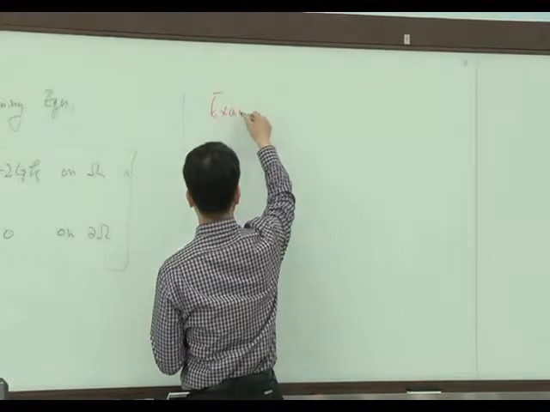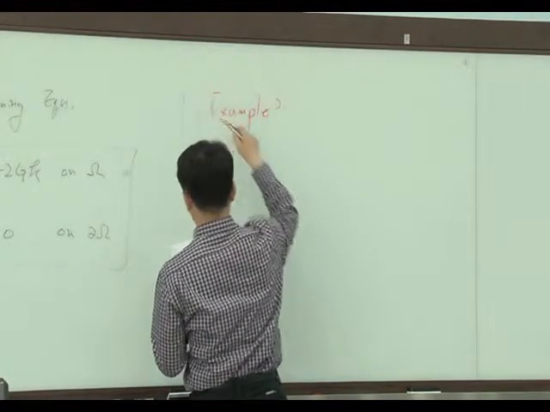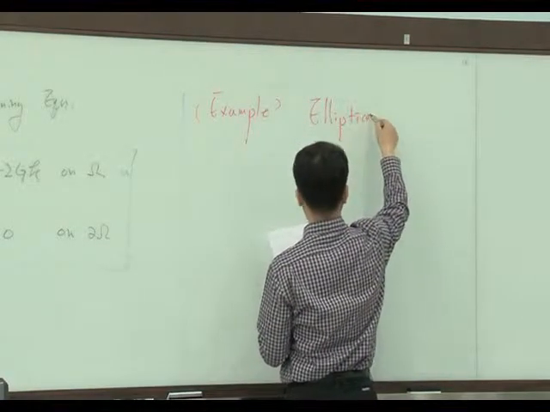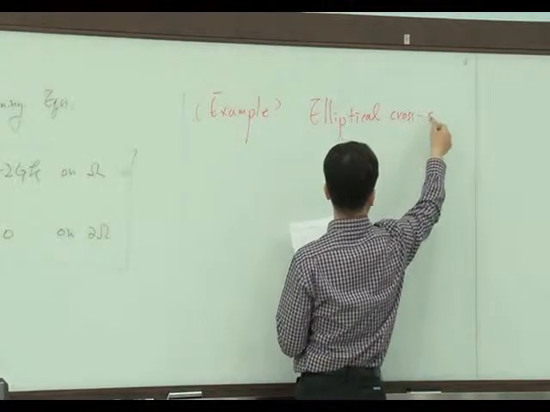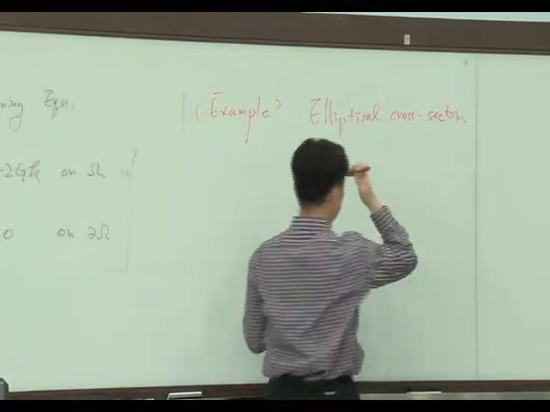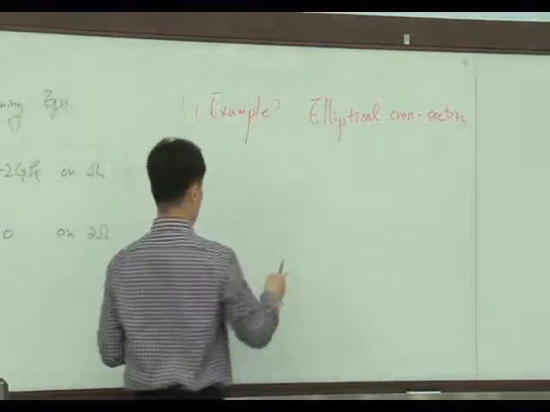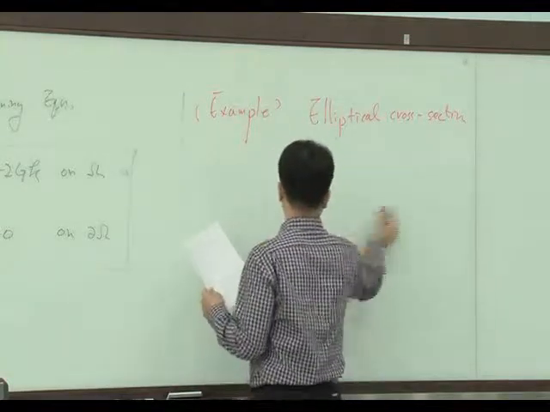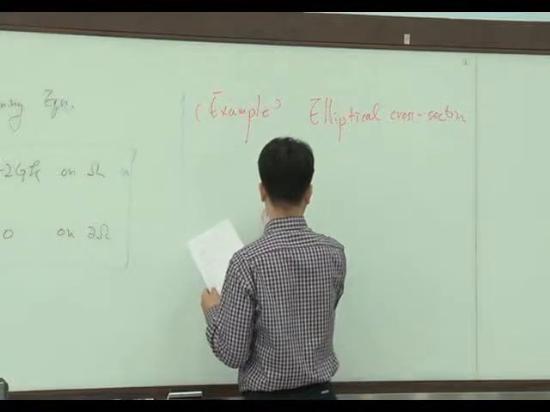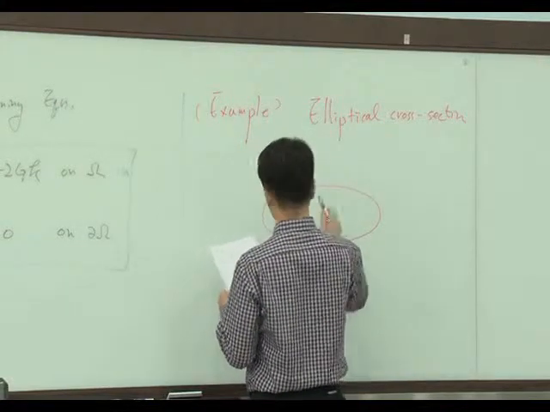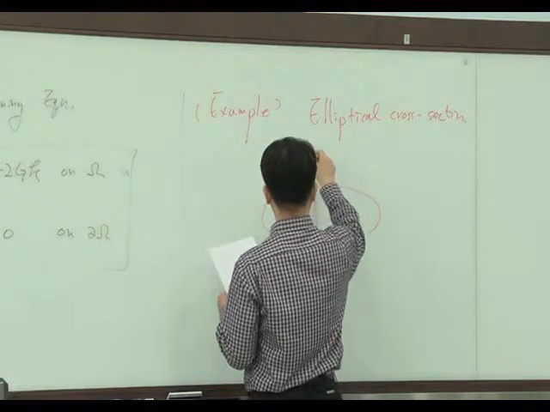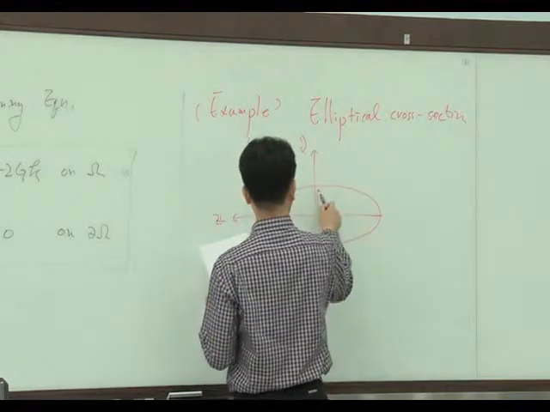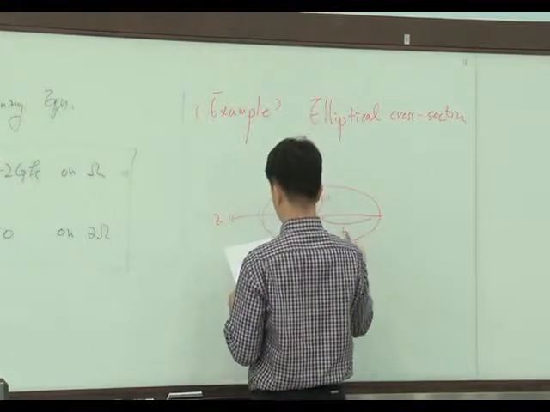Example: elliptical cross section. So let's consider an elliptical cross section. It looks like this, with axes y and z. This is a and b.